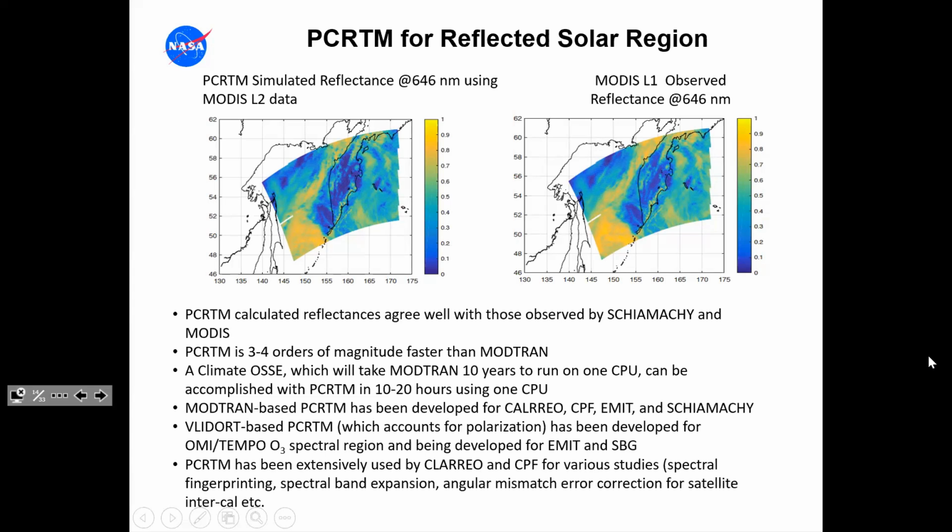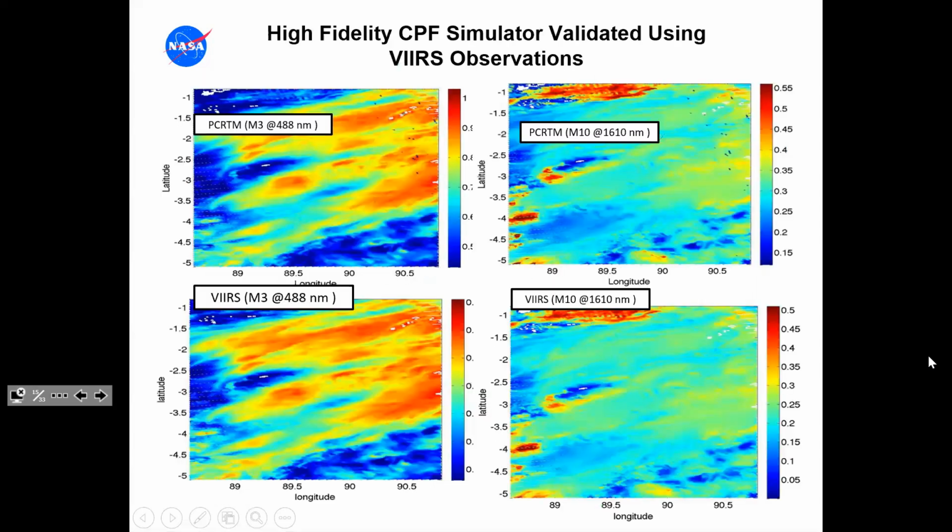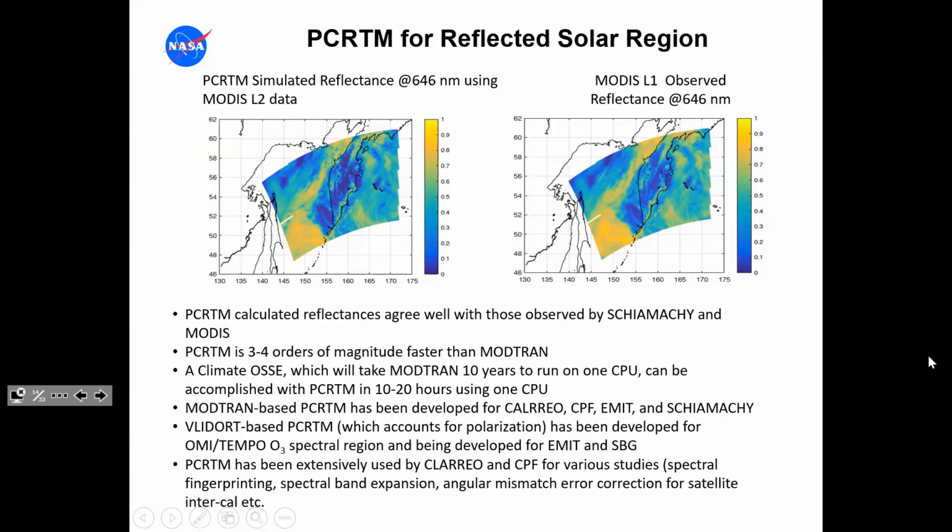So at Langley, we are developing algorithms for inter-satellite calibration and also doing the RC type of thing. We simulate the spectra, we retrieve them, and see how this satellite performs in atmospheric retrievals, things like that. In order to do that, we need to simulate a high spatial resolution image.